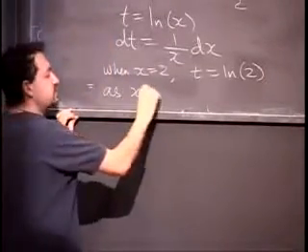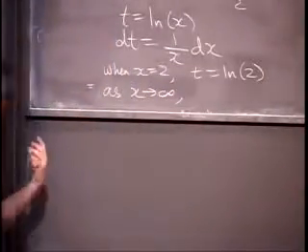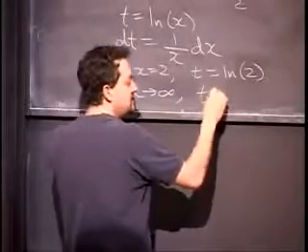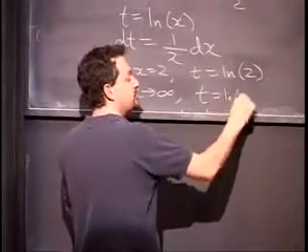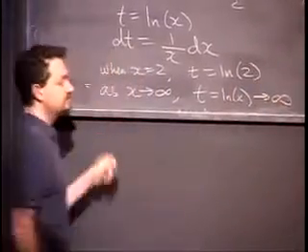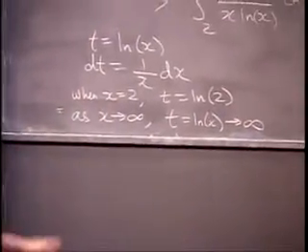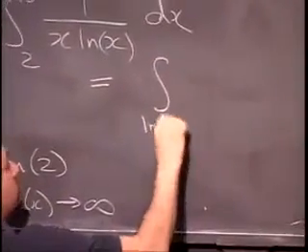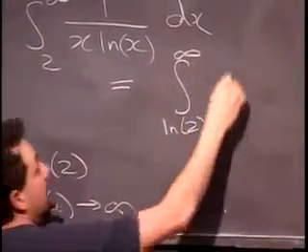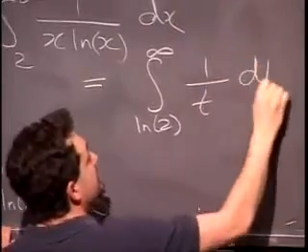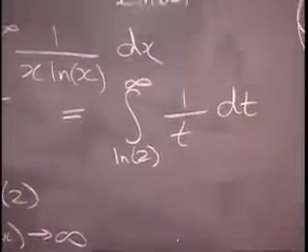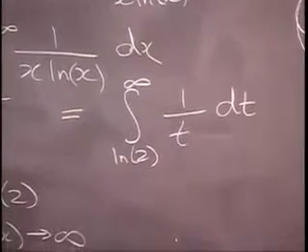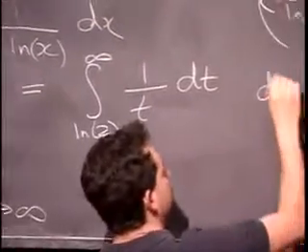As x goes to infinity, x can't actually equal infinity, but as x goes to infinity, t, which is log x after all, also goes to infinity. So this integral in t land becomes the integral from log of 2 to infinity, 1 over t dt, because the dt is the dx over x, or 1 over x dx. And this diverges by the p-test.